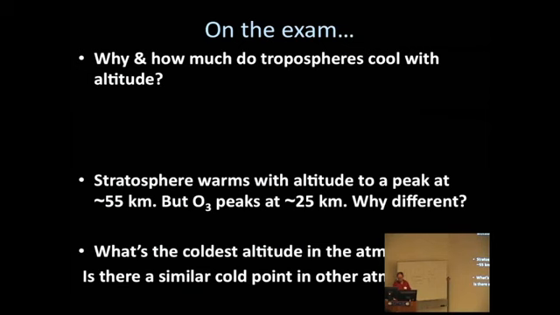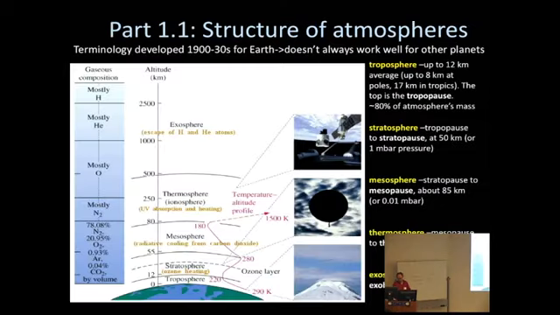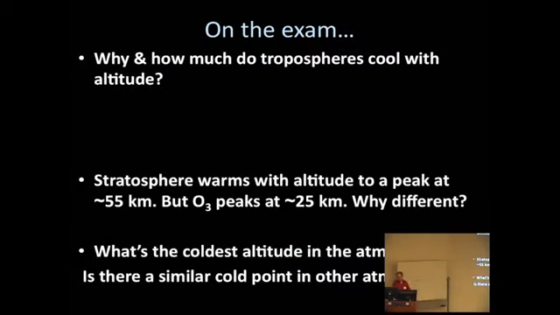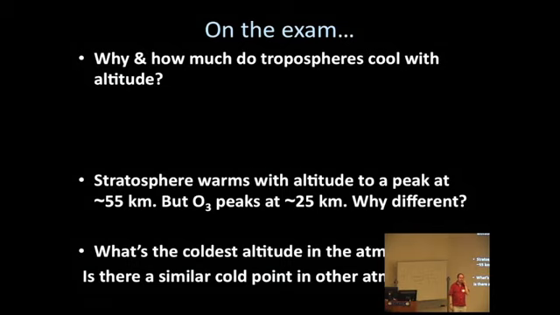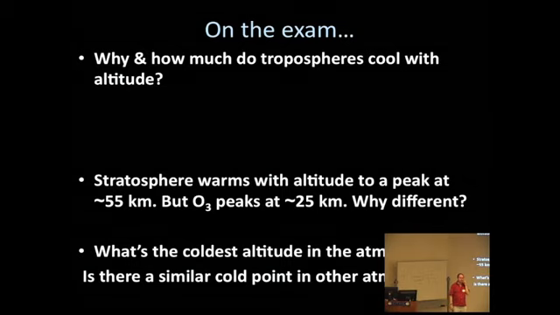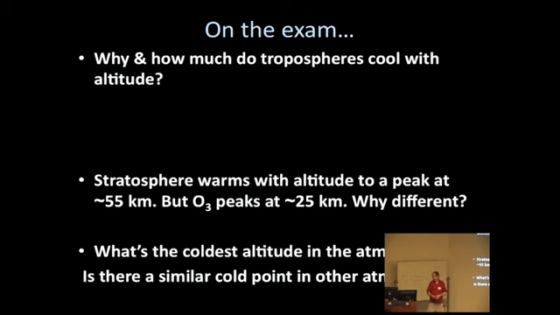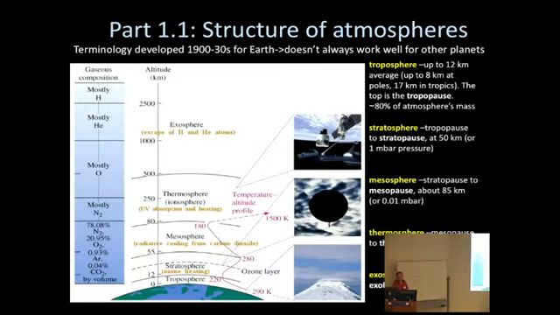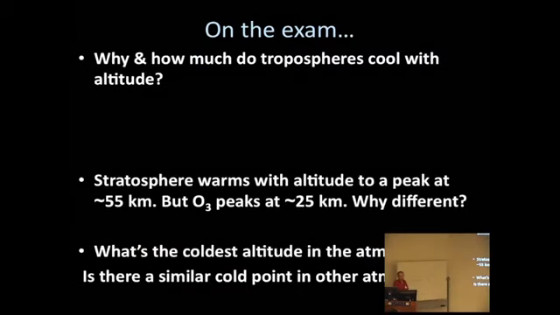And what's the coldest point of the atmosphere? On the Earth, it's the mesopause, so it's the top of the mesosphere. Do you think there might be a similar cold point in other atmospheres? And here we have to think about, why do we have a mesopause? The mesopause is because of radiative cooling from carbon dioxide, okay?